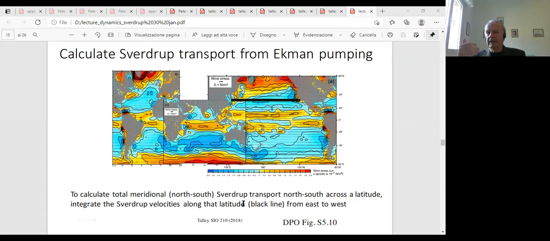But then you cannot distinguish between, for example, the thermohaline circulation, the circulation which is dependent on the gradient of temperature and salinity, and wind-induced Sverdrup-like transport north-south. Therefore, you always have to be careful while measuring something in the ocean to make sure what you are measuring.